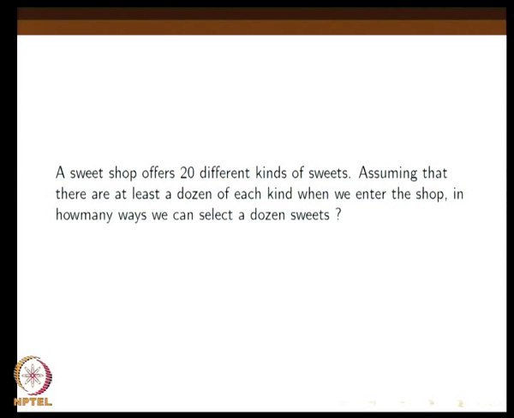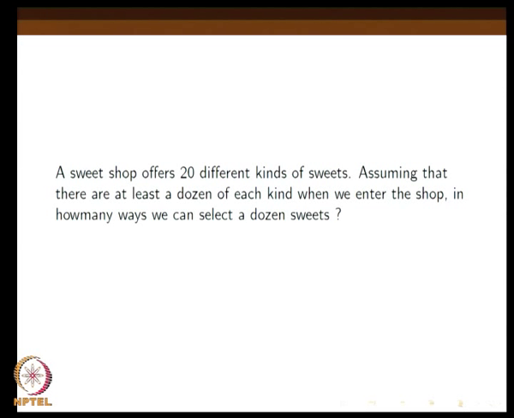When I say 12 sweets, not 12 different types of sweets; we can buy the same sweet more than once, right. We can buy 3 ladoos, 5 jalebis and things like that, and total 12 we have to make. But there are 20 different varieties. The only thing we are worried about is, is it possible for me to buy 12 ladoos?